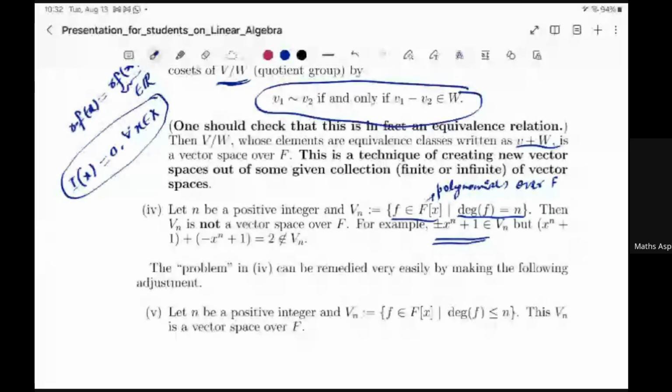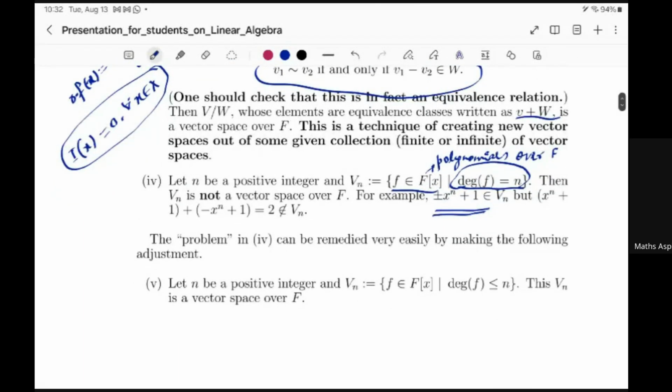But if we are careful about how we handle this condition, we can make a nice vector space structure out of it. We don't want just the polynomials of degree n, but we also want to include all the polynomials which have degree at most n: the polynomials of degree n, n minus 1, and so on, up to the constant ones.